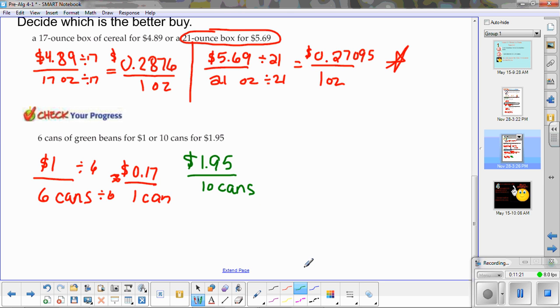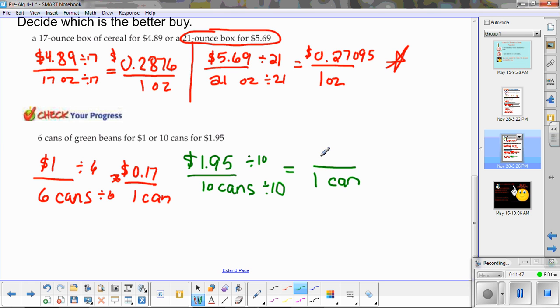Now the other option is $1.95 for 10 cans. So I'm going to divide both the numerator and denominator by 10 to figure out how much for 1 can. $1.95 divided by 10. When we're dividing by 10, you just move the decimal 1 to the left.